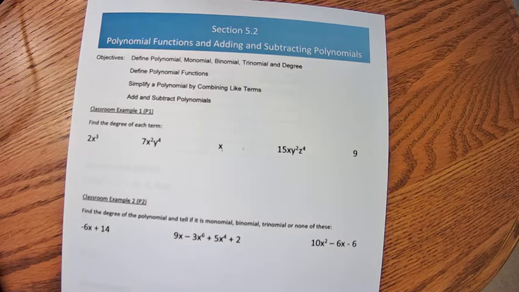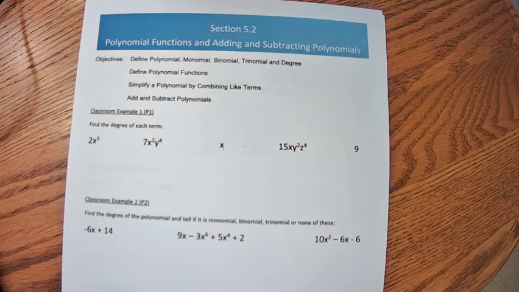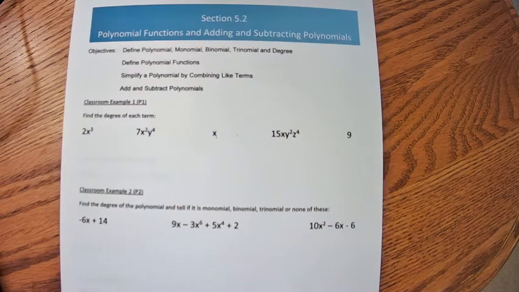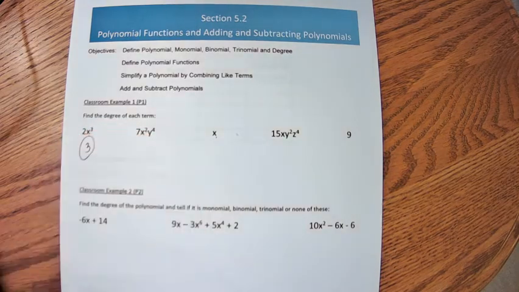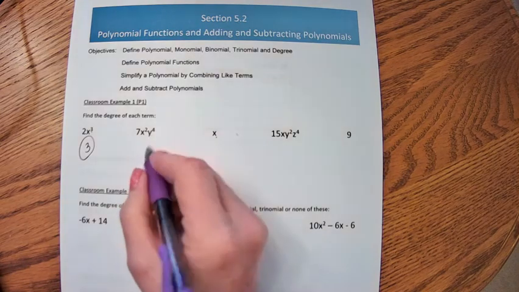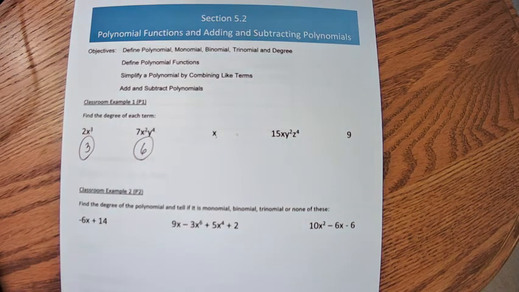So find the degree. These are individual terms. The degree of this first term would be 3 because that's the only exponent in that term. The degree of this term is going to be 6 because 2 plus 4 is 6. That's a 6th degree monomial.